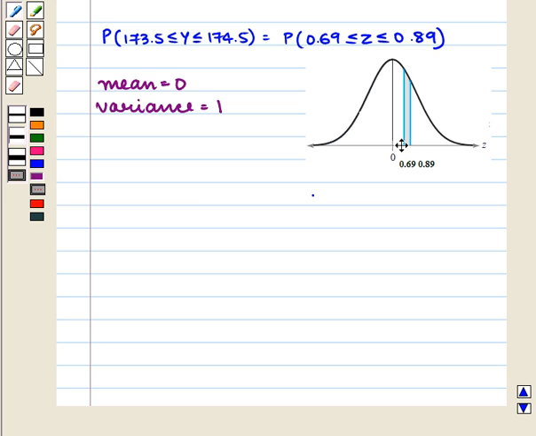This is the point 0.69 and this is the point 0.89. Let us draw vertical lines here. The region between these 2 points is the required probability. This is to be shaded.